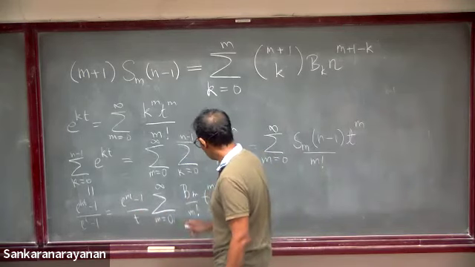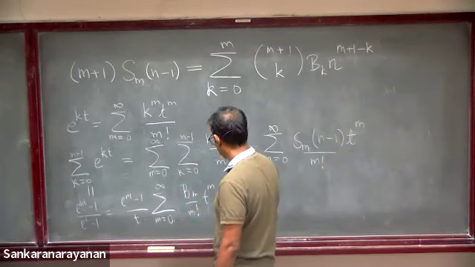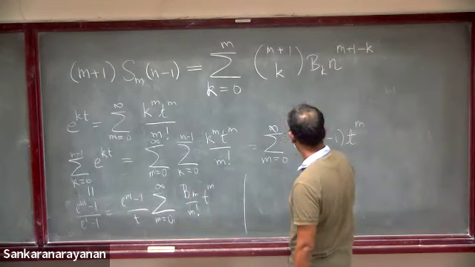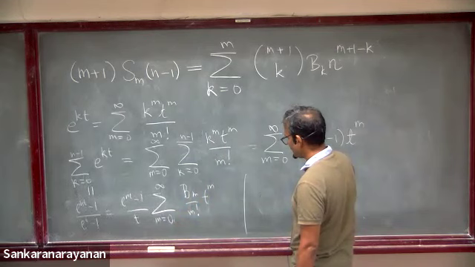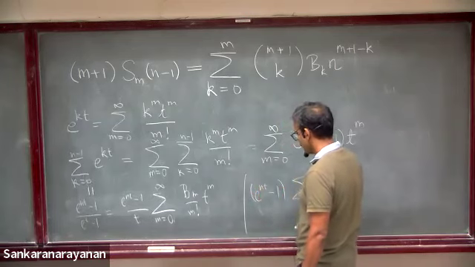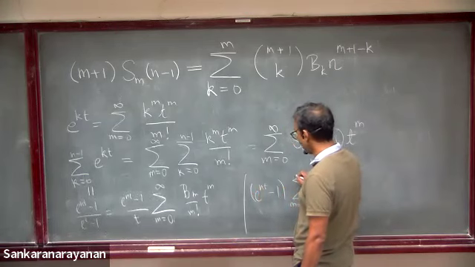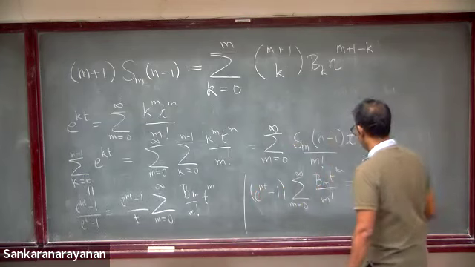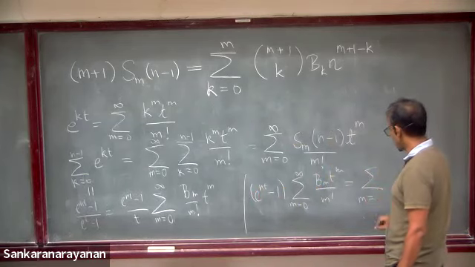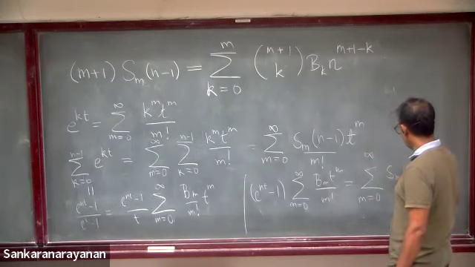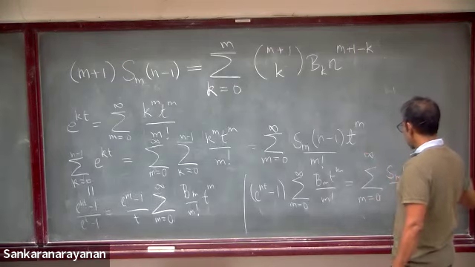So then this will cancel, but what about the term for t equals 0? So what we get is (e^(nt) minus 1) times the summation over m from 0 to infinity of B_m t^m by m factorial, which is equal to the summation over m from 0 to infinity of S_m(n minus 1) t^(m+1) by m factorial.